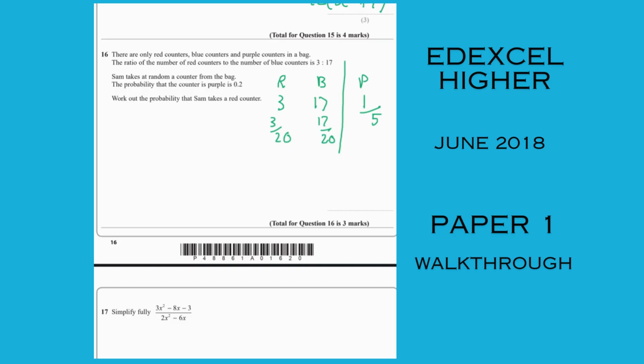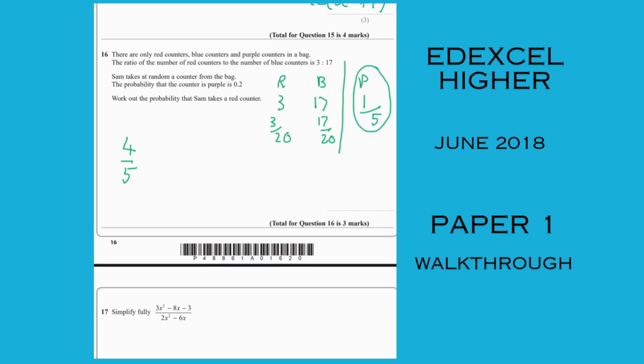So work out the probability that Sam takes a red counter. We have to consider, first of all, the probability that it isn't purple. That'll be 4/5. That's the thing that we must consider first. We don't want a purple. The chance of getting a purple is a fifth, so not a purple is 4/5.